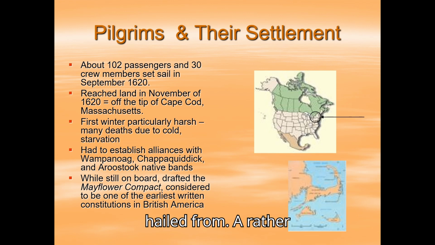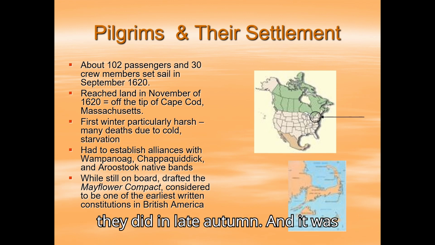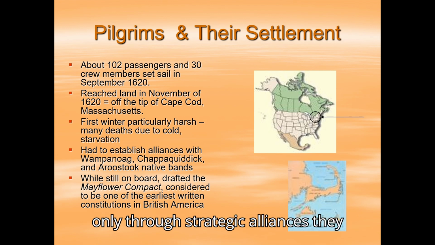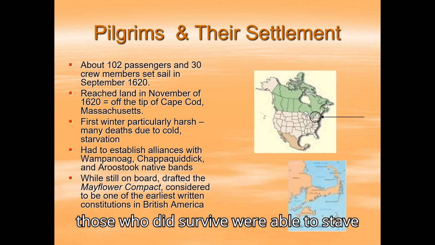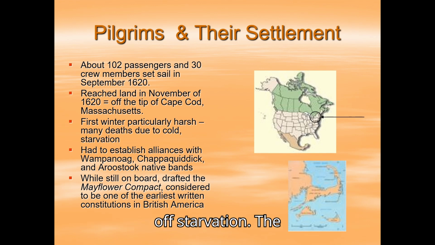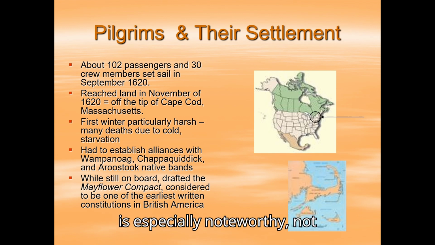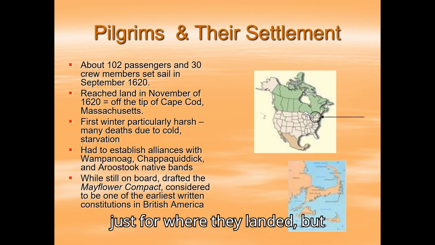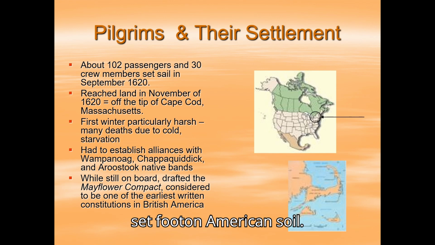A rather harsh winter awaited them, landing as they did in late autumn. And it was only through strategic alliances they forged with area natives that those who did survive were able to stave off starvation. The journey taken by these pilgrims is especially noteworthy, not just for where they landed, but for what they did before they even set foot on American soil.